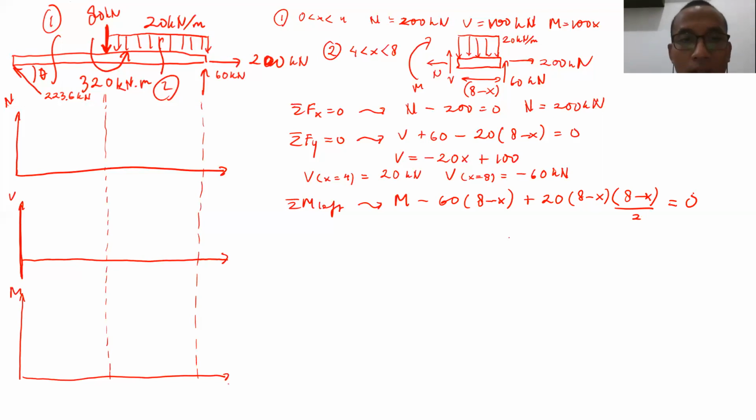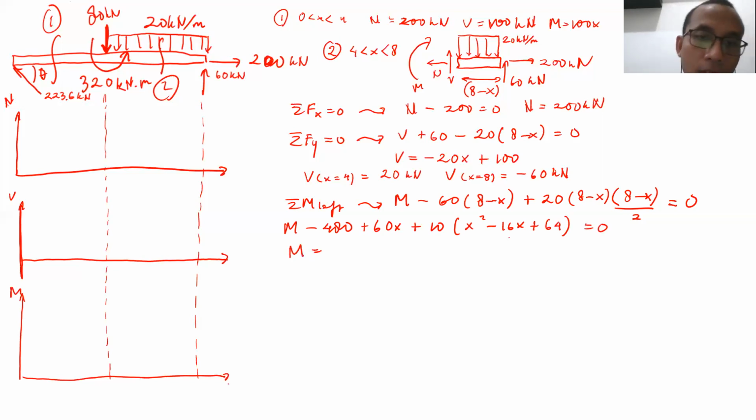Okay, I will try to solve this first because it's slightly longer. Minus 480 plus 60x plus 10 multiplied by x squared minus 16x plus 64 equal to 0.